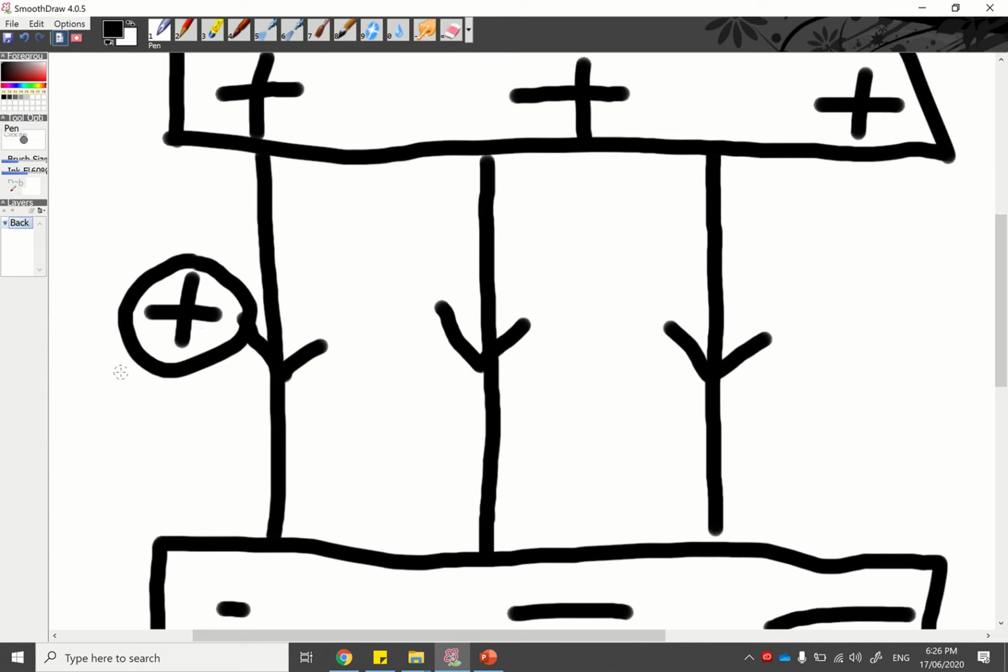Say we just eject this proton horizontally with no initial vertical velocity. It is going to act like projectile motion. It's going to be attracted to the negative plate. And the calculation for that is exactly the same as for projectile motion, which we did in term one.